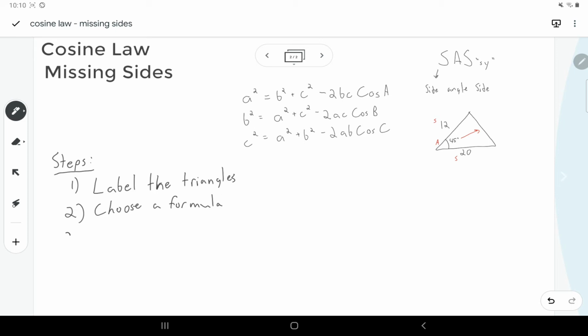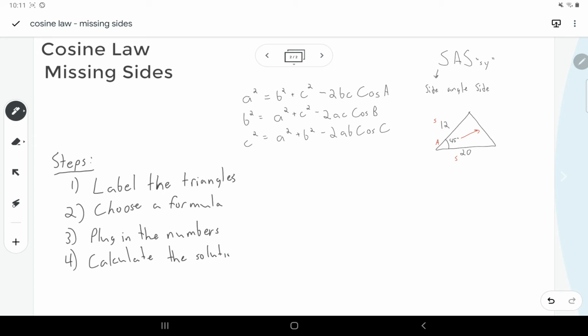Once you've got the formula, you plug in your numbers. Okay, because you should have basically every variable on this side of the equation for cosine law to work. Then calculate the solution, we'll go into greater detail in the example.